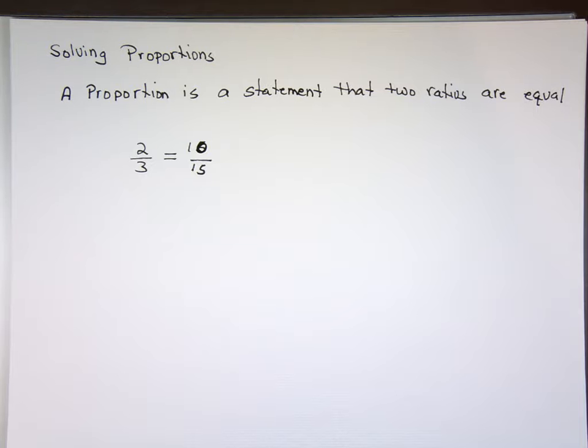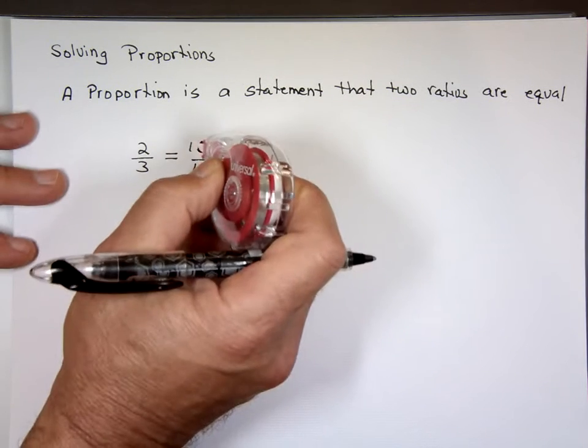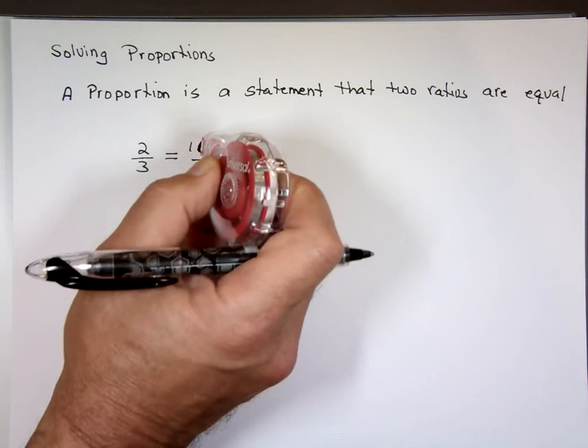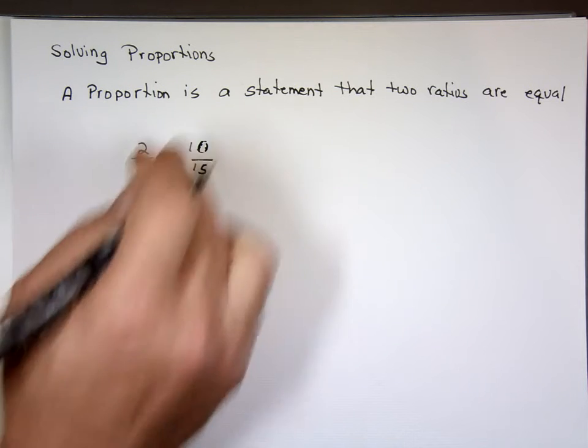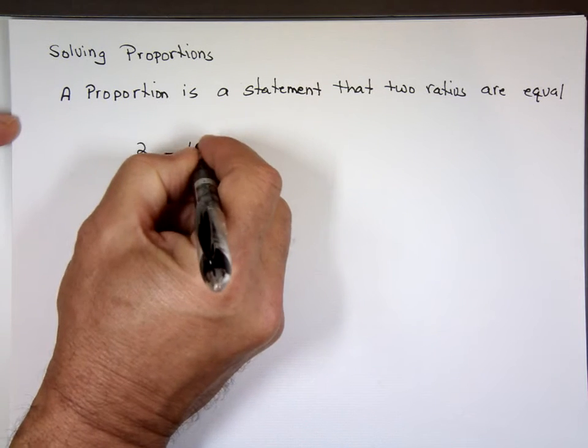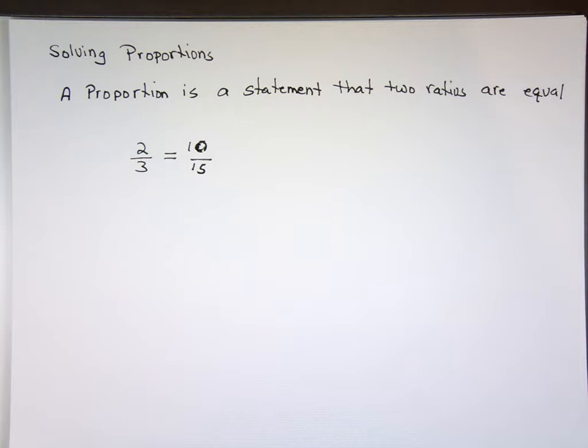That's what that means. There are two ways to answer that question. One is you actually simplify 10/15. If it does simplify to 2/3, then they are proportional. That's one way of doing it.